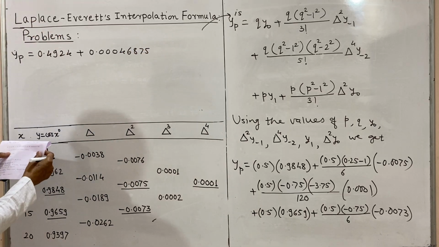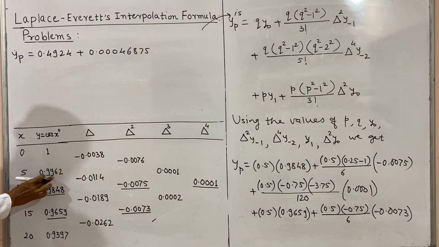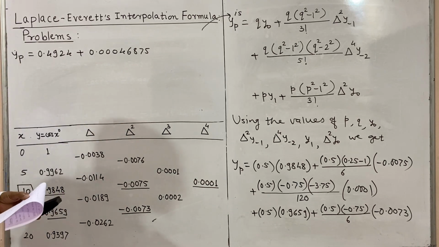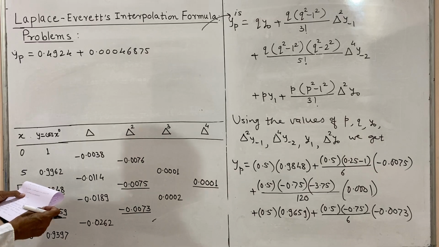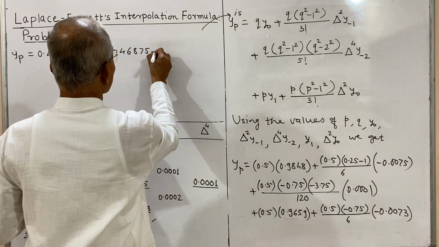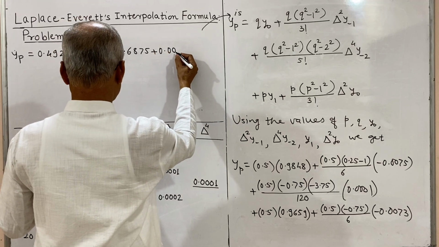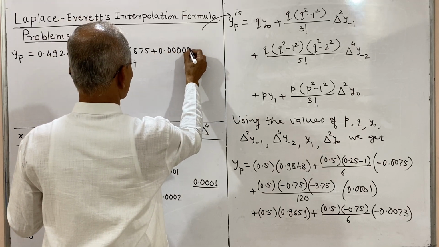I have written, actually see the values given are up to 4 decimals, but I have written all the values, and then the final answer we shall write up to 4 decimals. But before that we will write the values as obtained using the calculator.